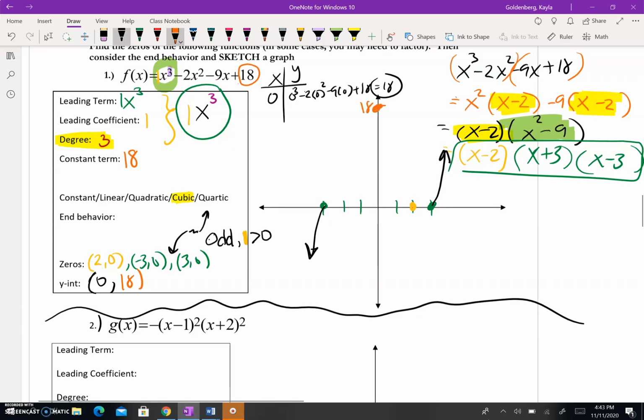So I know that if I'm following this function, I'm going to go from here, I'm going to have to hit this, go down through here, and then eventually go back up. So the nice thing is you know that this is here, and you know that this is here. You have to have that shape.